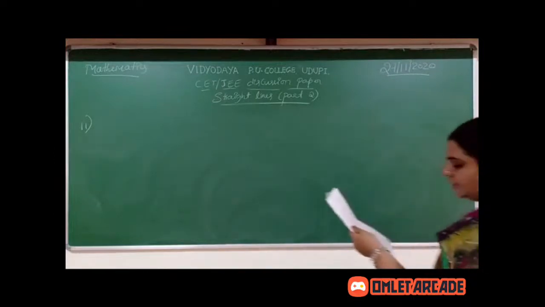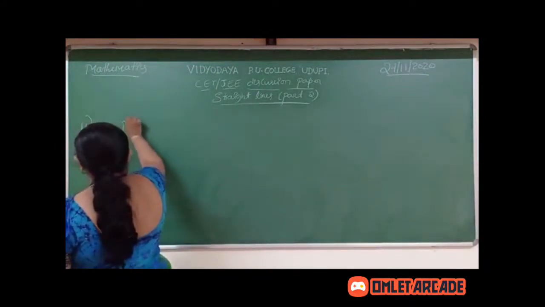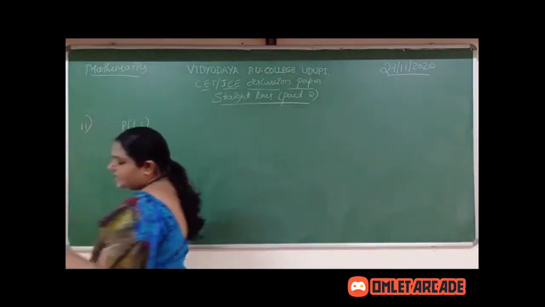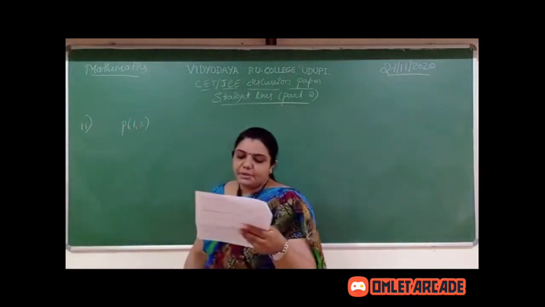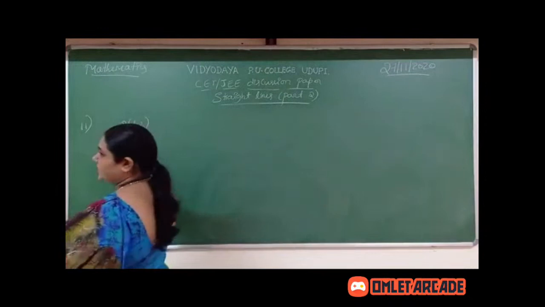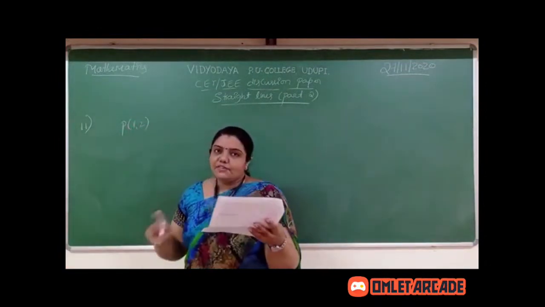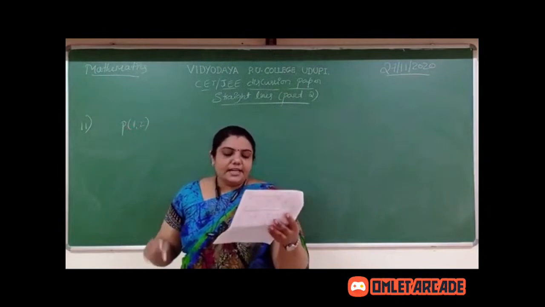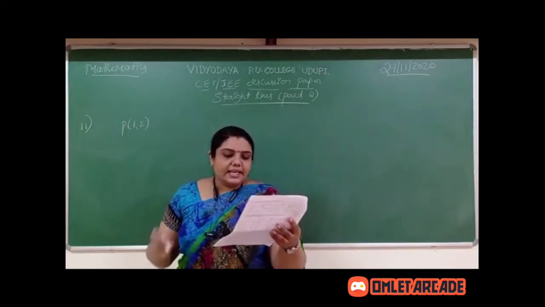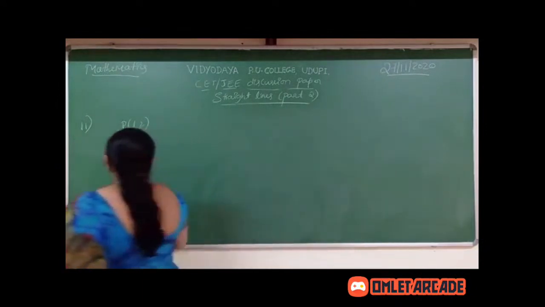Next, 11th one. A line passes through the point (1, 2) such that its intercept between the axes is bisected at point P. This point is P actually. One thing is the line is passing through this point, and one more piece of information is given, such that its intercept between the axes is bisected at P. Then the equation of the line.